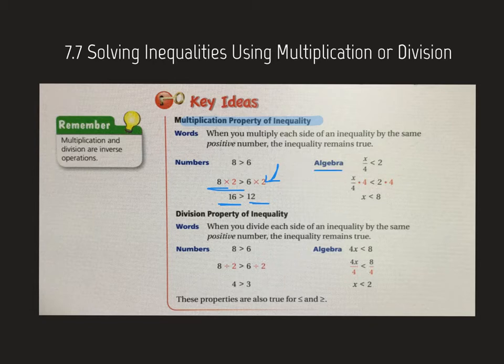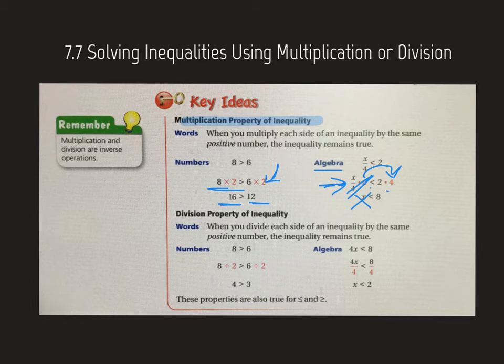We have x divided by 4 is less than 2. So if I multiply this side by 4, remember that gets rid of our 4's and leaves us with x. But again, I have to do the same thing over here, and 2 times 4 is 8.